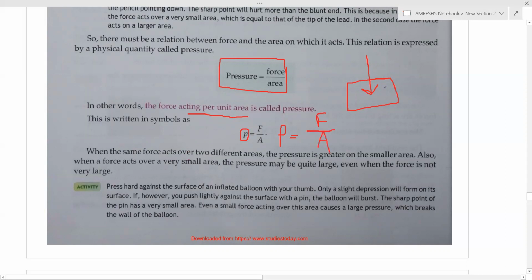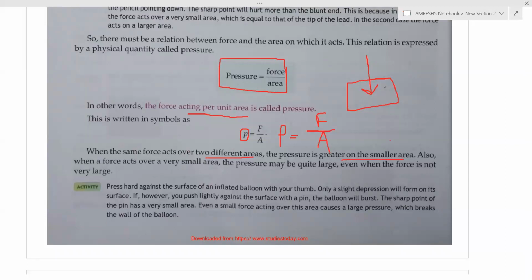When the same force acts over two different areas, pressure is greater on the smaller area. Suppose I am taking a pin. The area of the pin is small, and I am taking one small block which has more area than the pin. If I press the pin on your skin, you will have pain.